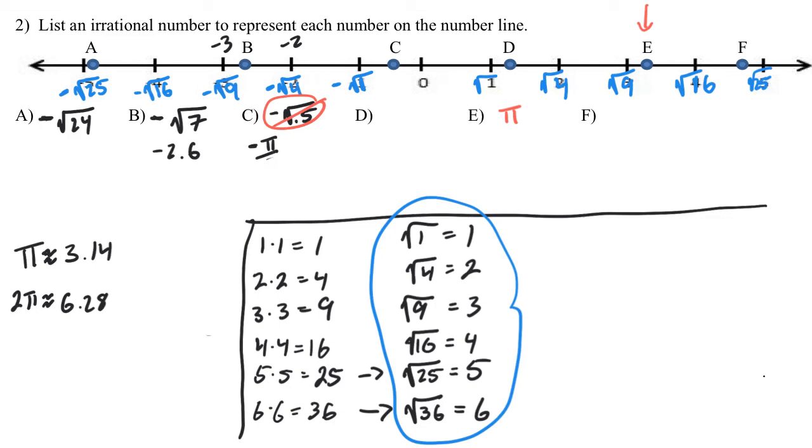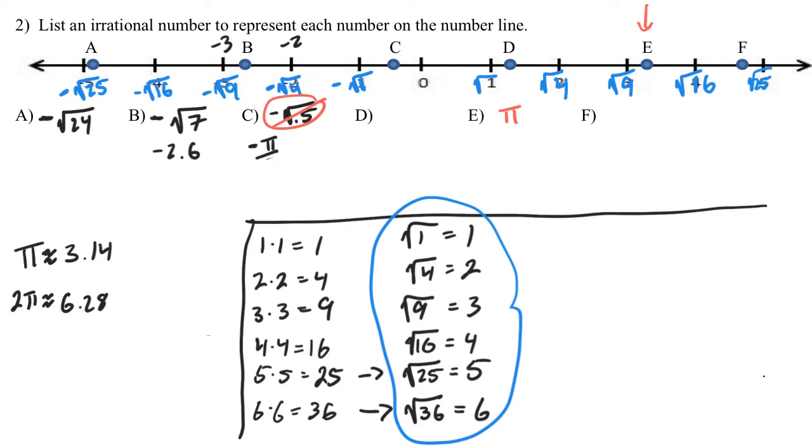Let's try to divide it by 3. So I'm making my denominator bigger so that when I divide, the absolute value of my number is going to be smaller. So if I divide by 3, that's approximately negative 1.04. So still not quite right. So we still need to make that denominator a little bit bigger.